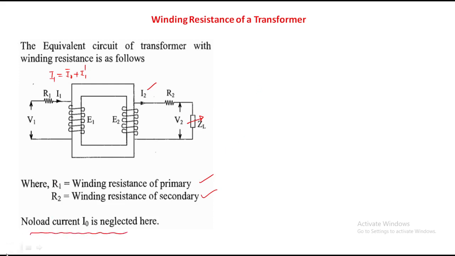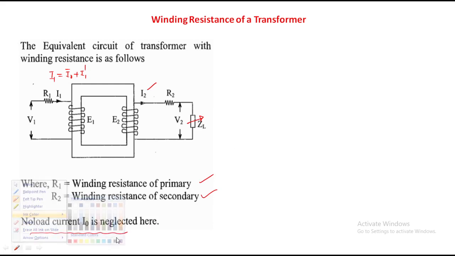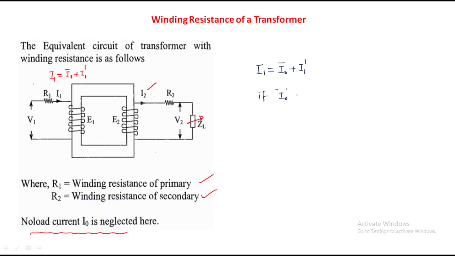So what is happening if we neglect the no load current? What is the magnitude of no load current? I1 should be equal to I0 plus I1 dash, right? If I0 is neglected, what will happen? I1 should be equal to I1 dash only, right?